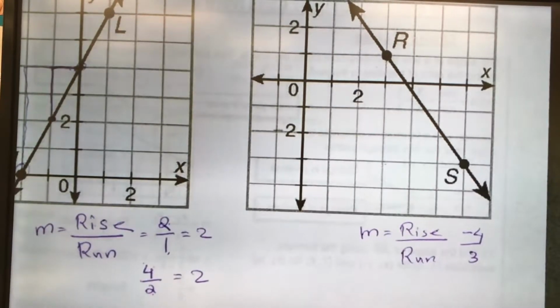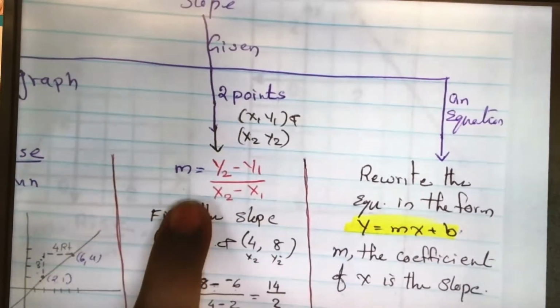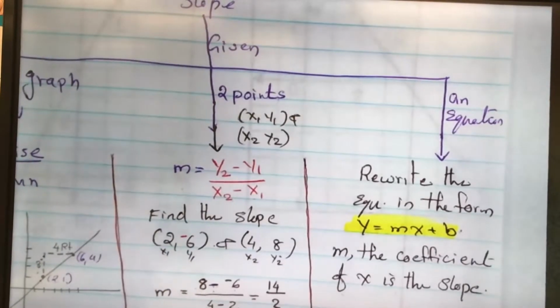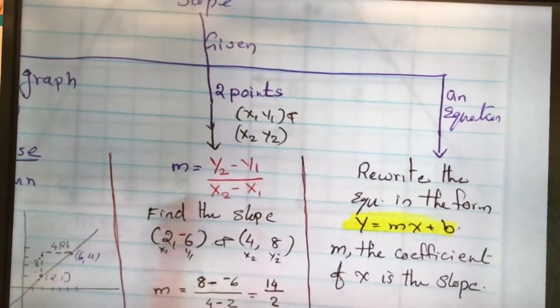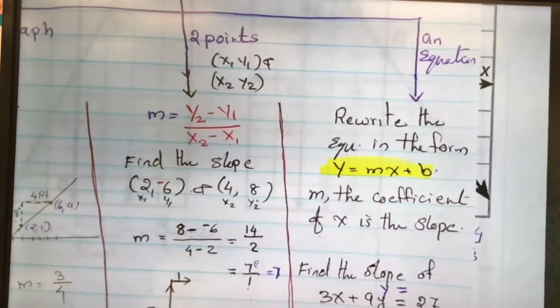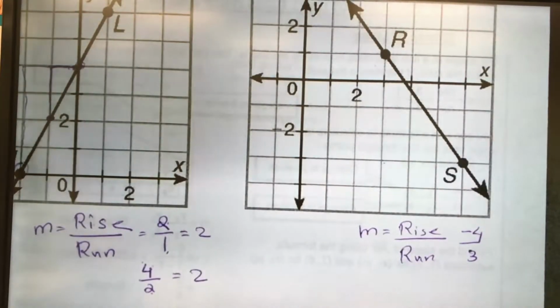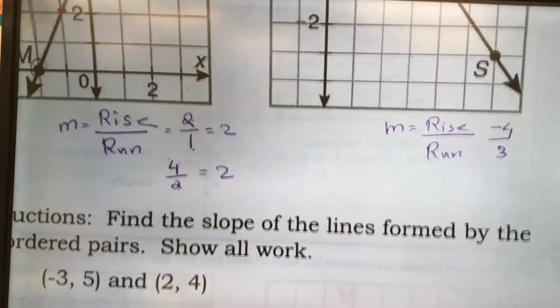The next one is, if you have 2 points, how do we find the slope? I mentioned that if you have 2 points, we use the formula y2 minus y1 over x2 minus x1 to find the slope. I have an example here, so let me give you another example on this worksheet. I want to find the slope of this line.